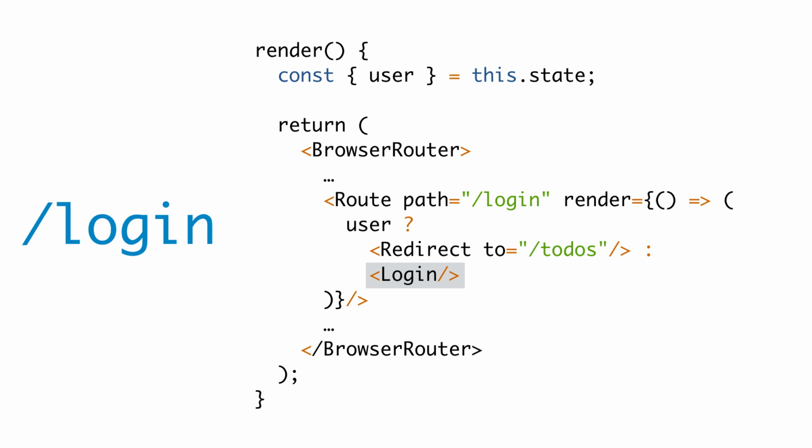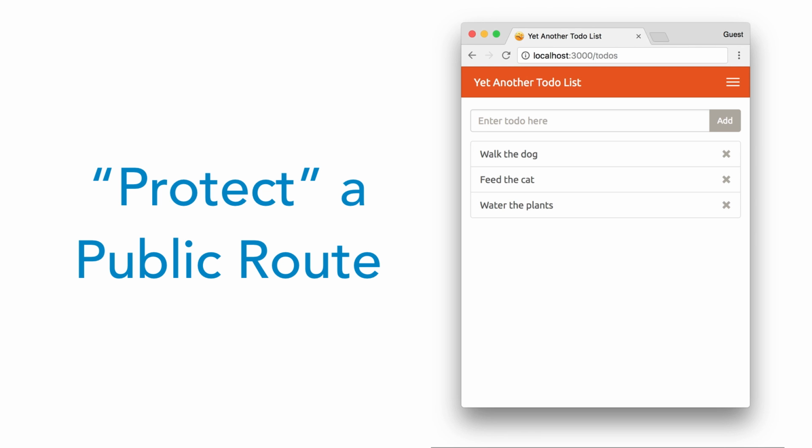And another side effect of this is that it gives us this additional sleeper scenario of protecting a private route. Often, not always, but often, if someone's logged in, it doesn't make sense for them to go to the login route. And our code will protect that scenario from happening.